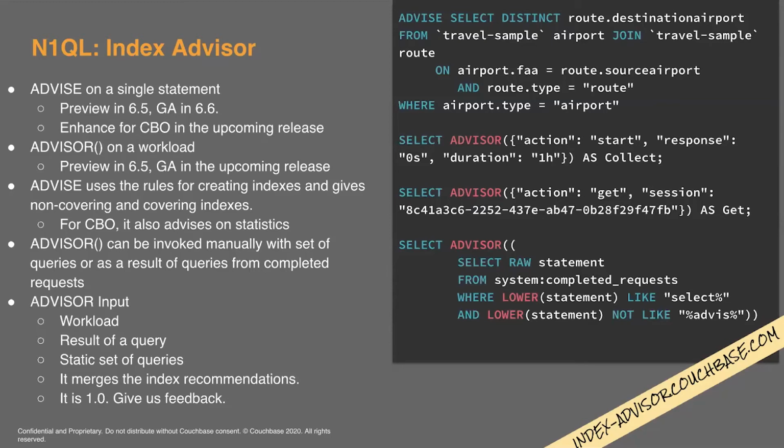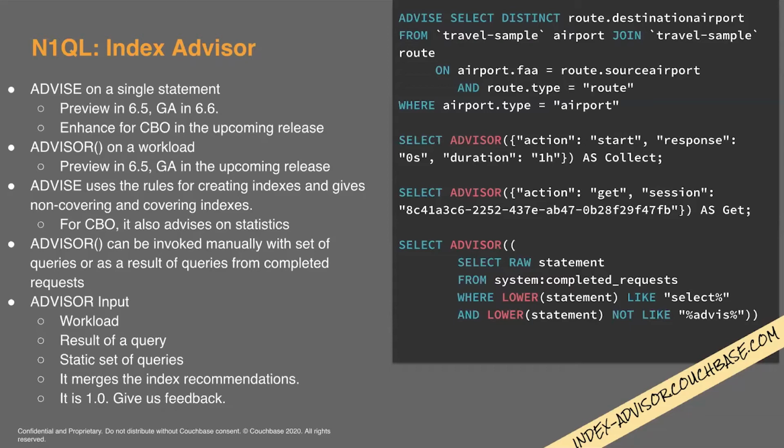So the advise statement takes a single statement. Advisor can take multiple statements, or it can even monitor a workload for a certain duration and come up with the best set of indexes for you to create. It can also take the result of completed requests and give you the advice as well. So this advice has been there in 6.6.